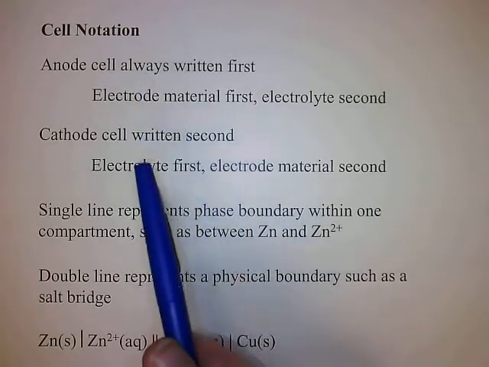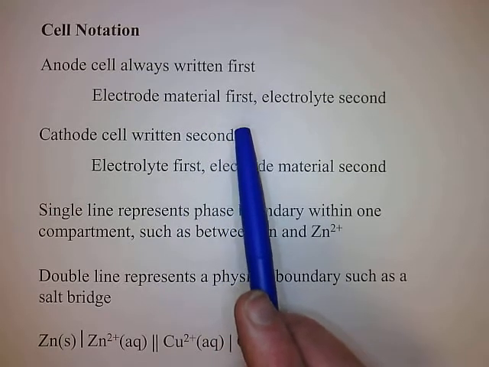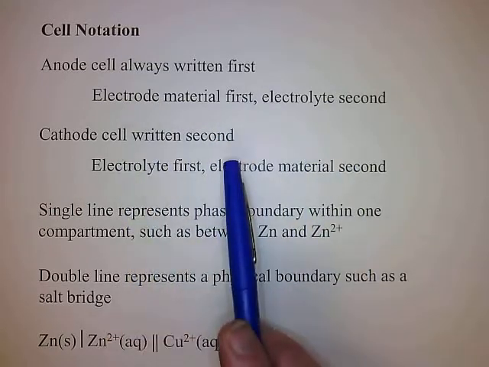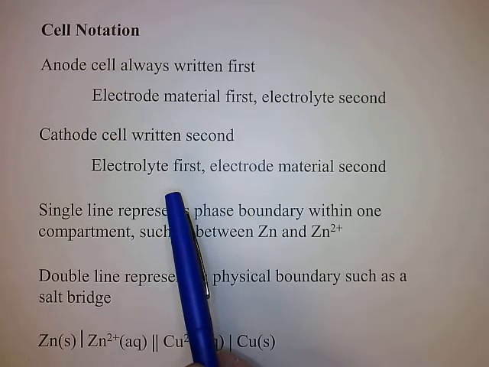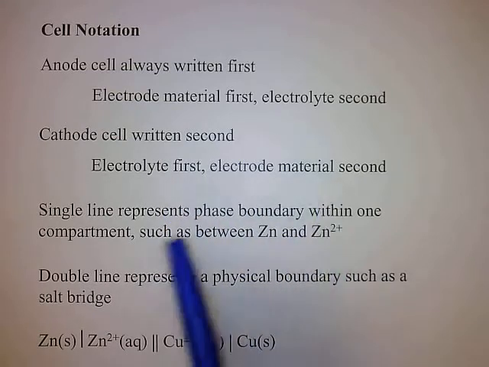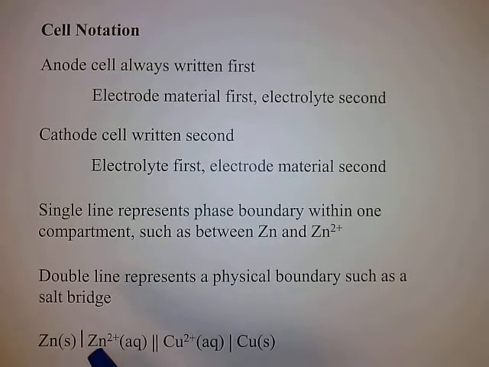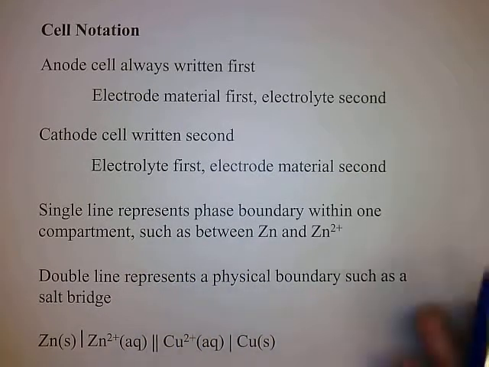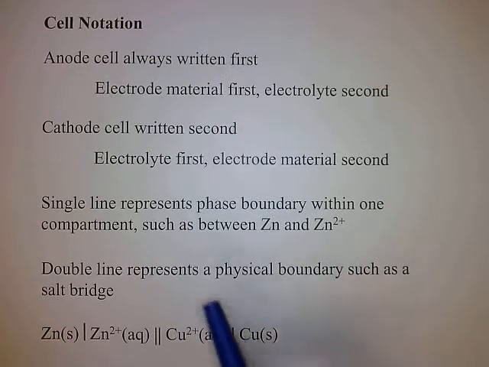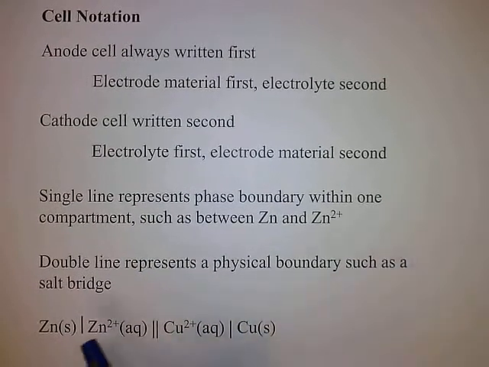So anode first, electrode material, electrolyte, then the cathode cell with the electrolyte first, electrode material second. Single line is a phase boundary, and then a double line represents the salt bridge. So what we're saying with the way we've written this is we have zinc solid being oxidized to zinc 2+ ion, copper 2+ being reduced to copper metal.